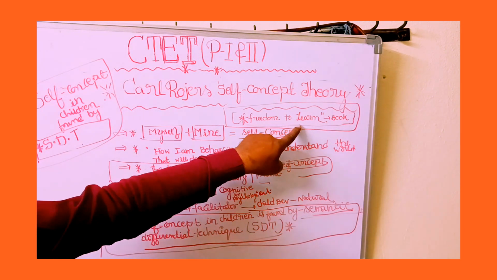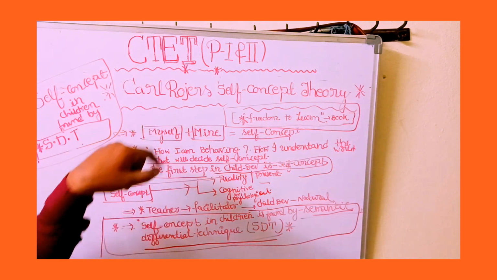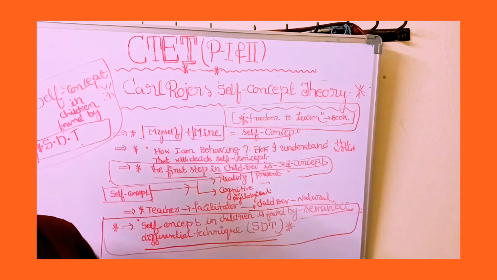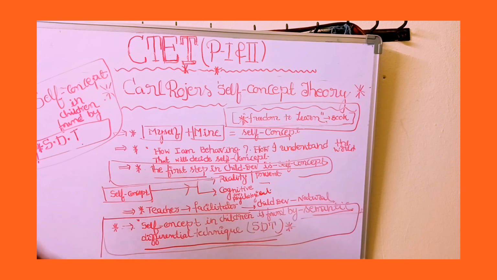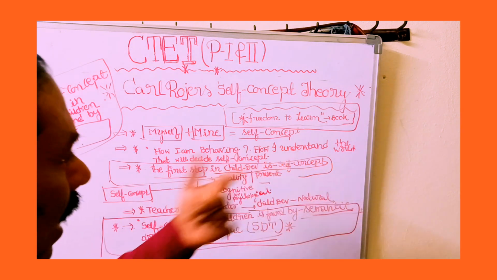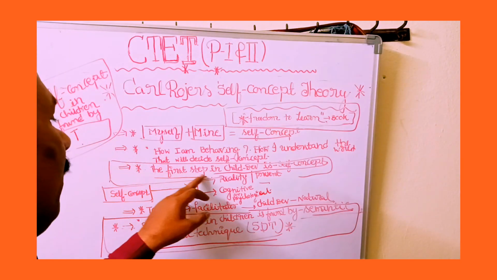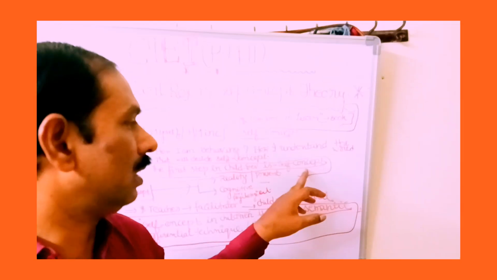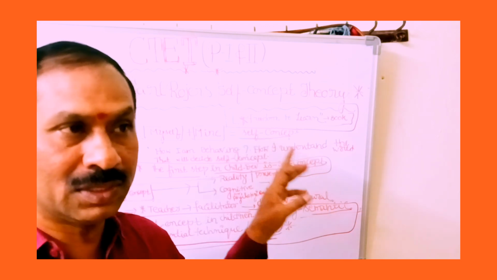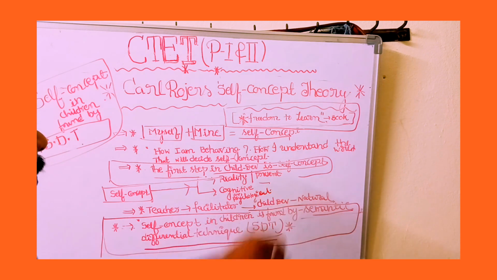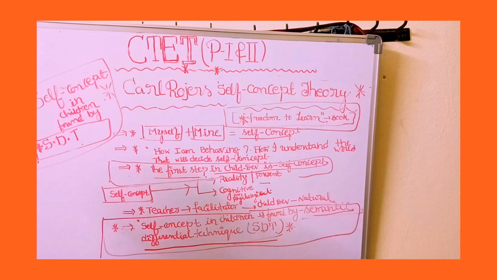The book Freedom to Learn was written by Carl Rogers, and according to Carl Rogers, what is self-concept? Myself and mine is called self-concept. How I am behaving and how I understand the world is also known as self-concept. The first step in child development is self-concept. That is also an important bit.